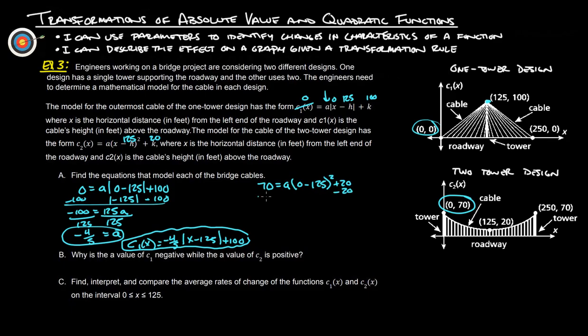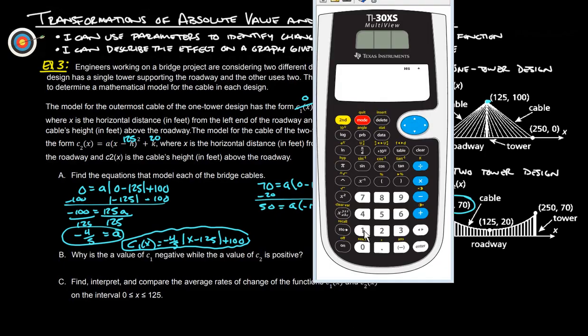So subtract 20 from both sides, and we get 50 equals a times negative 125 squared, right? If you take negative 125 and square it, we know that squaring gets rid of the negative, so I'm not going to bother to put that on there.